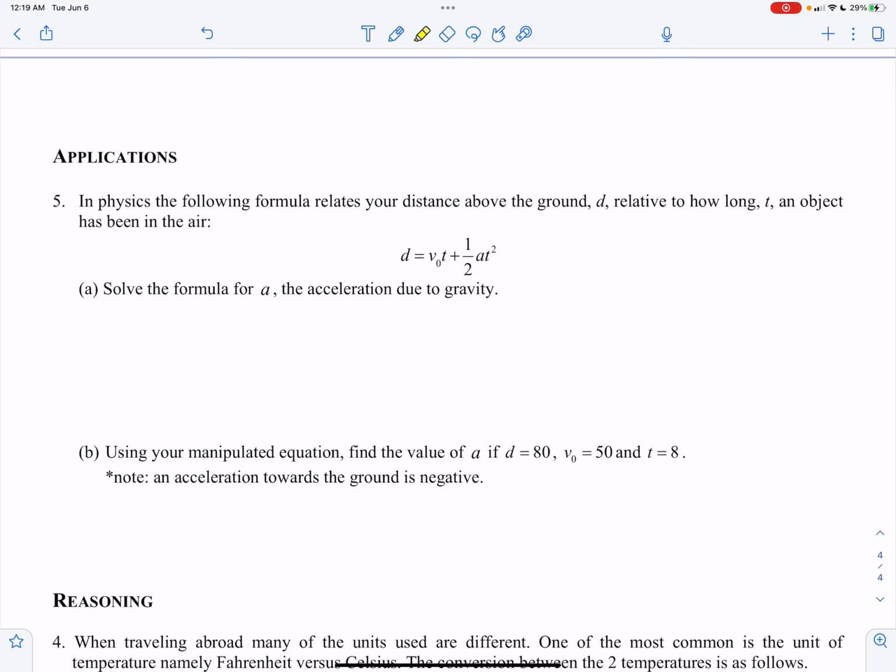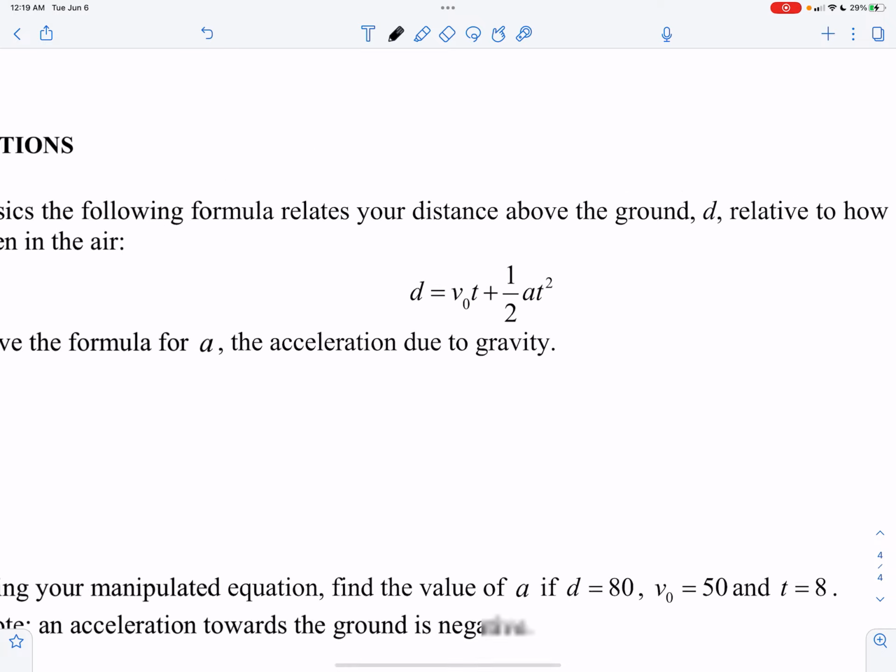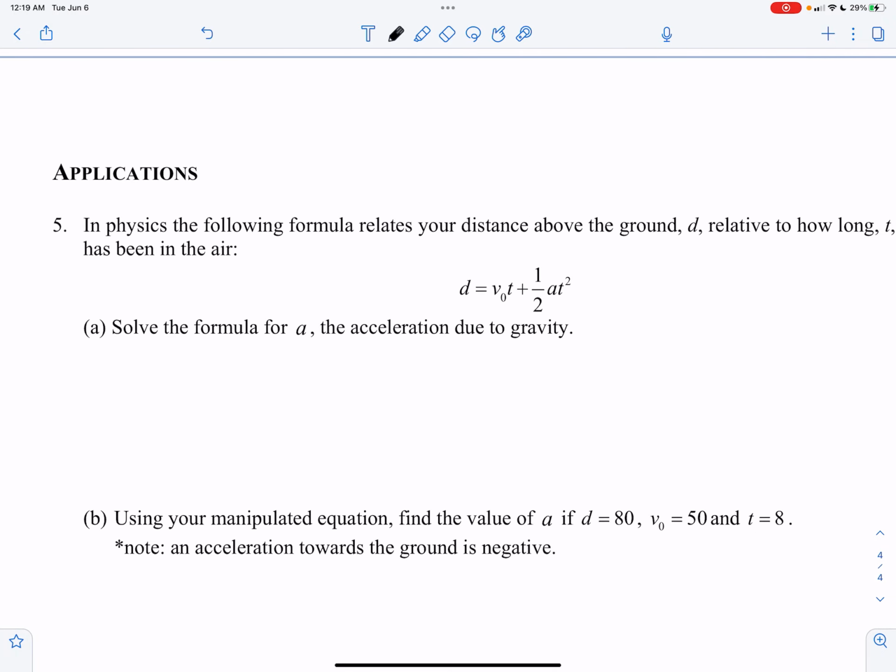So we get this equation, d equals v sub 0 times t plus 1/2 a times t squared. It says solve the equation for a, the acceleration due to gravity.